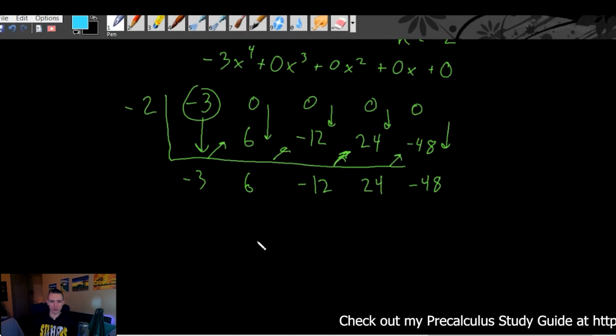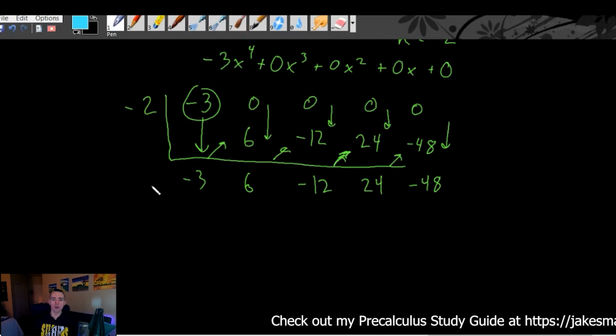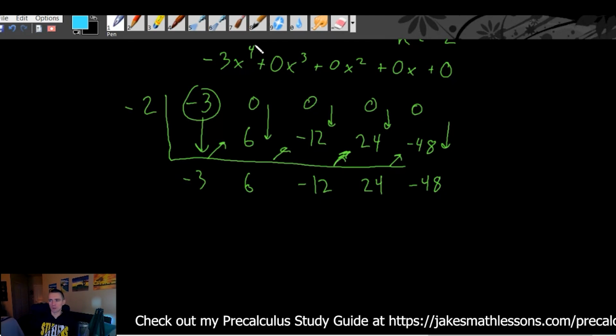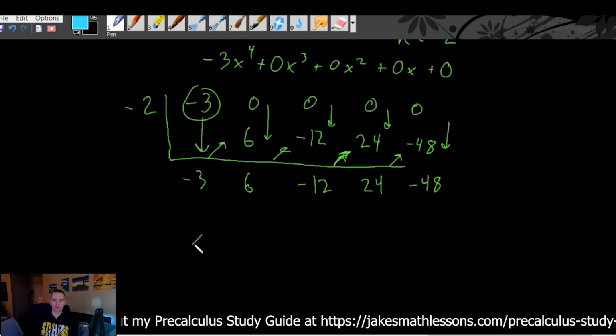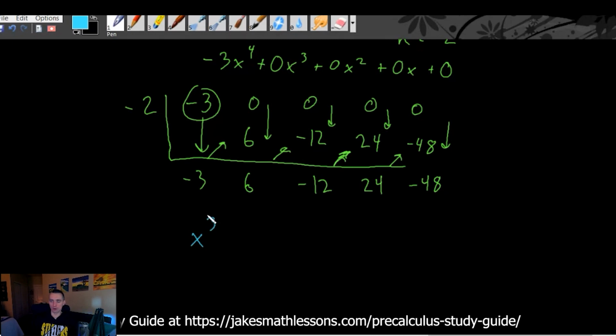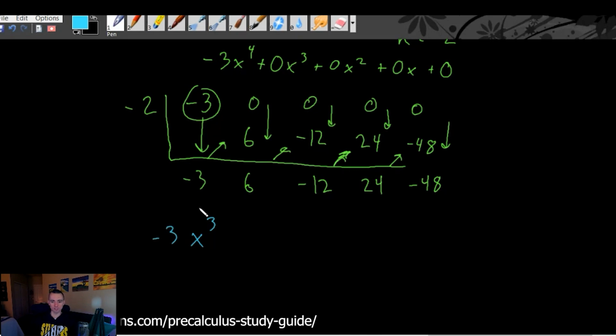Now to finish this off, we'll kind of wrap it all together here. Start with whatever your highest power x term was at the beginning, so x to the 4th, and then take 1 away from that. So we're going to have an x to the 3rd to start down here. Now you're just going to put this as your coefficient, your first term down here as your coefficient of this highest power x term down here.